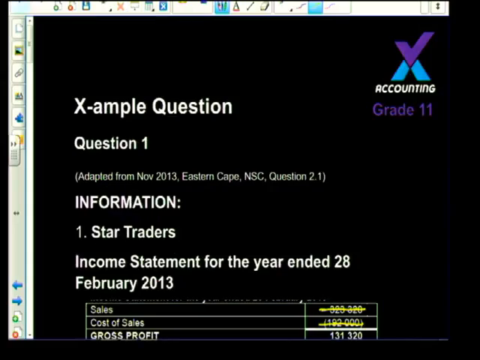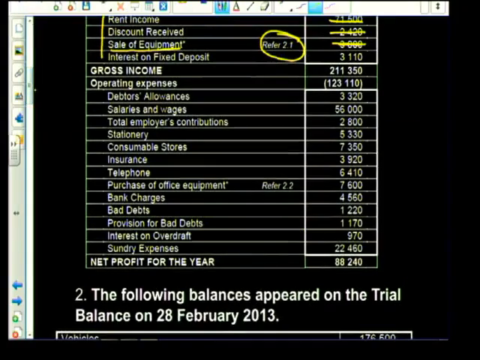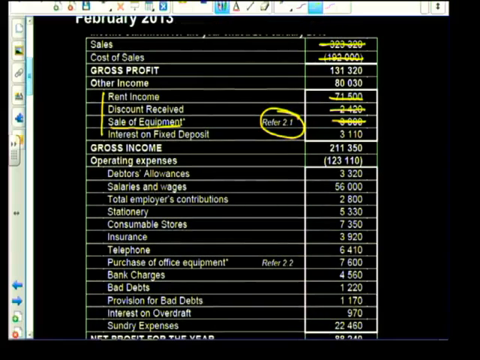And then finally, the inexperienced bookkeeper has put interest on fixed deposit in this section. What we need to realize is that there is a very special place for interest in our income statement. So interest actually goes right at the bottom here. It's got its own special place.